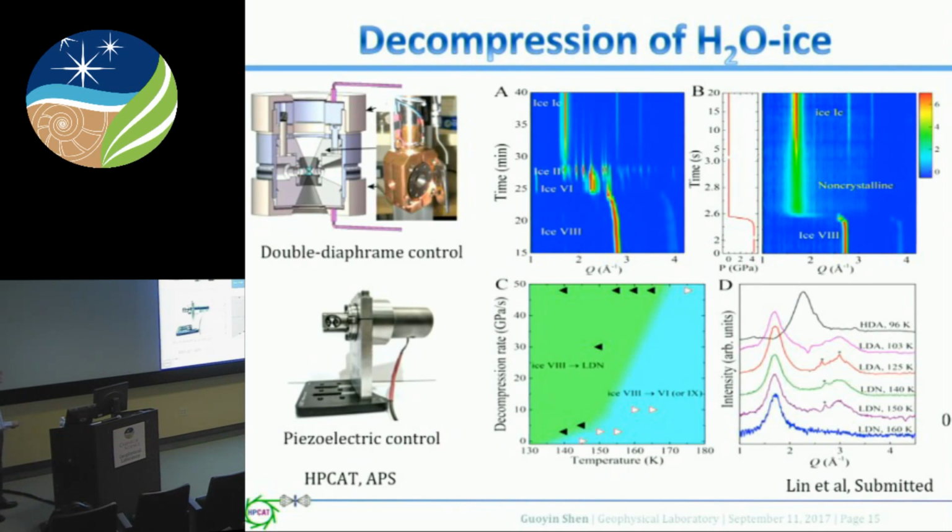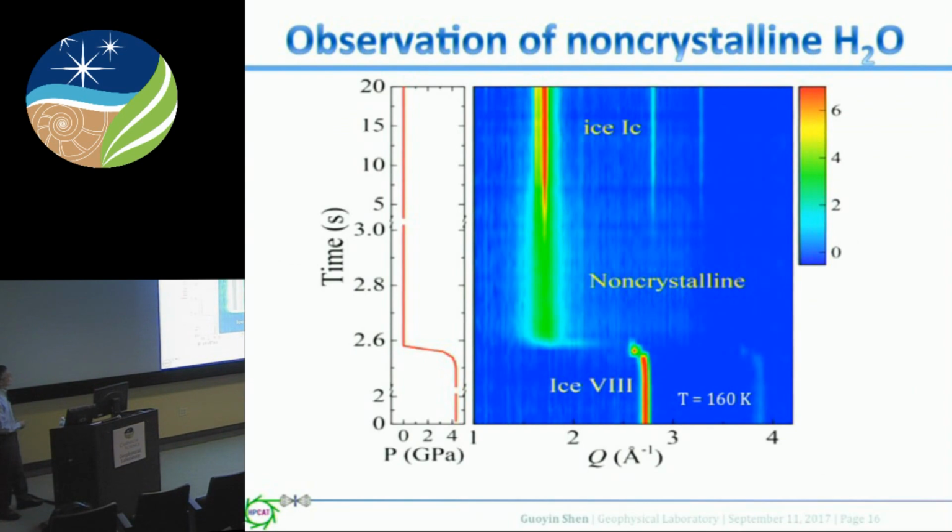As the temperature goes higher and higher, we need a much faster decompression rate in order to catch this non-crystalline ice. This is the measured non-crystalline structures of ice. So we see this is ice 8, and then non-crystalline ice, and then ice 1 grows.